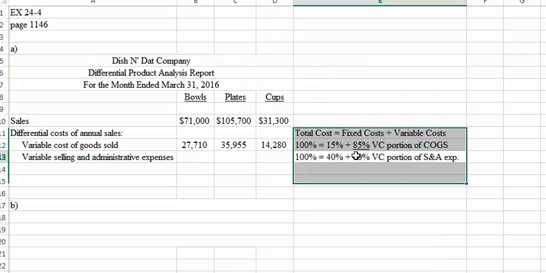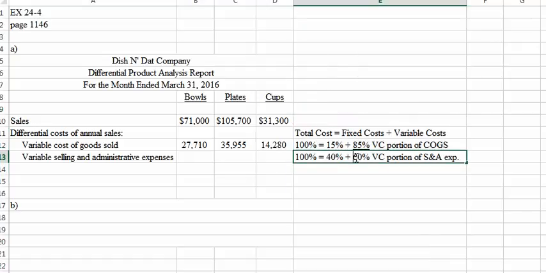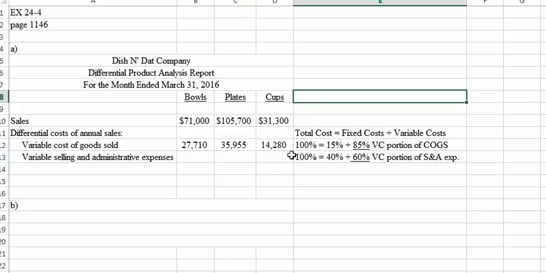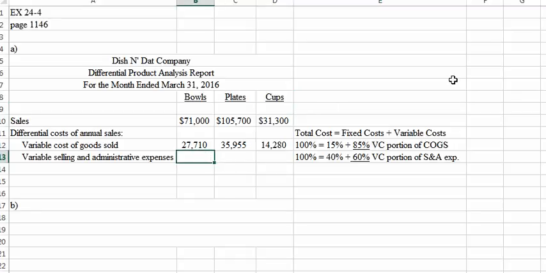So here, we'll multiply each selling and administrative expense number by 60%. So selling and administrative expenses for bowls, $27,400 times the variable cost percentage, 0.6.